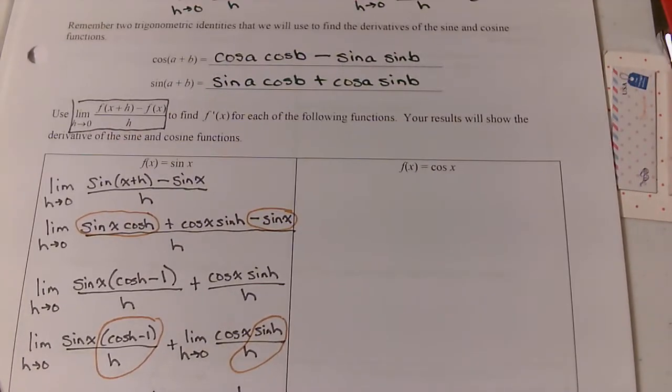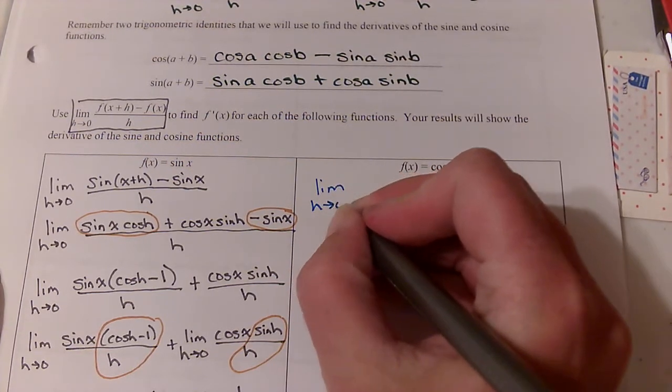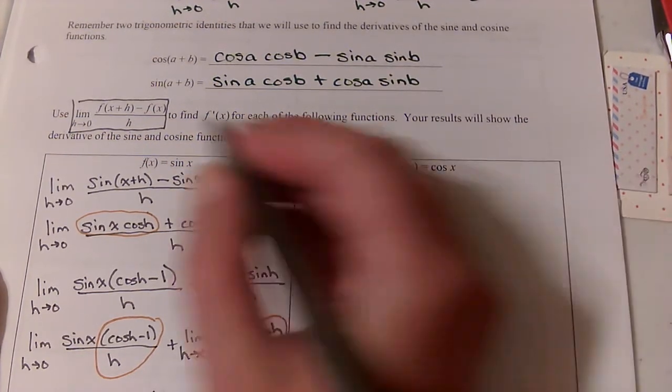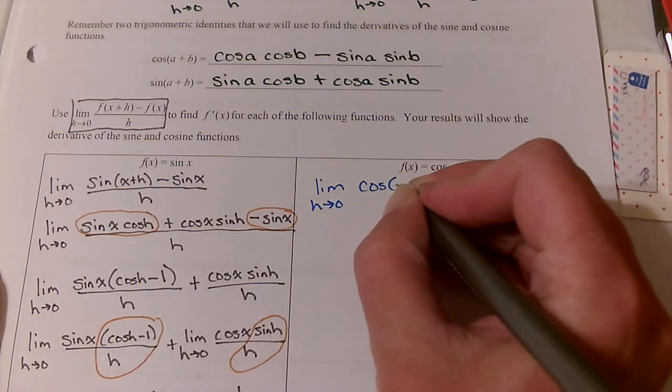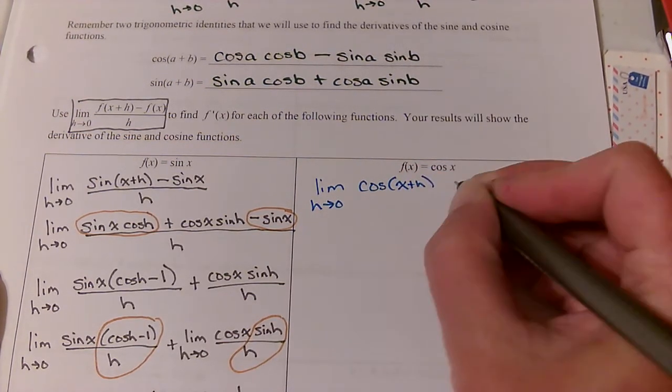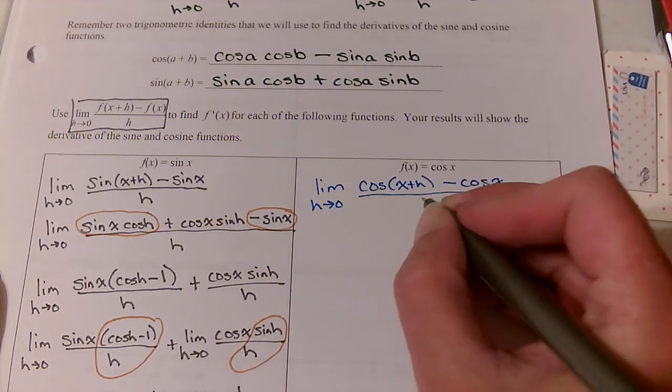Now let's look at cosine. So if I take cosine and do my limit definition of the derivative, I'm going to have the limit as h approaches 0 of f of x plus h, so cosine of x plus h minus the cosine of x all over h.